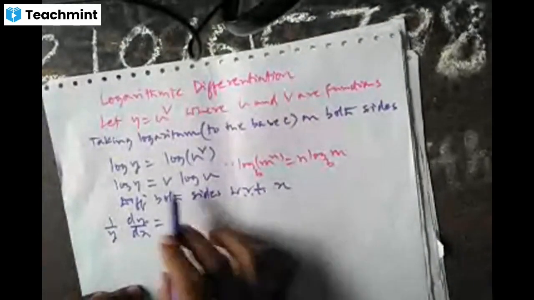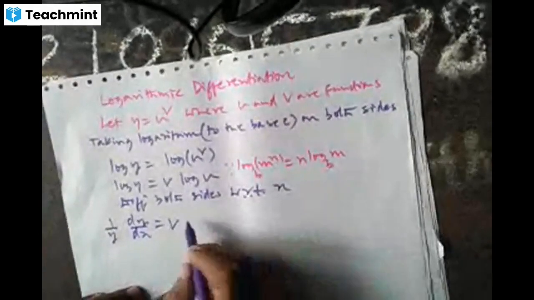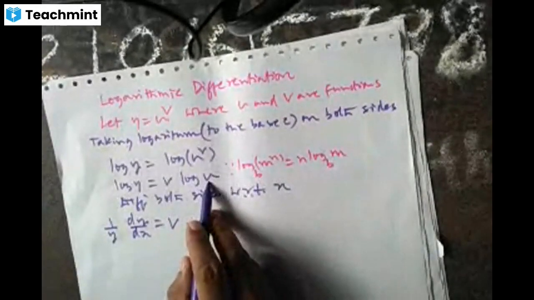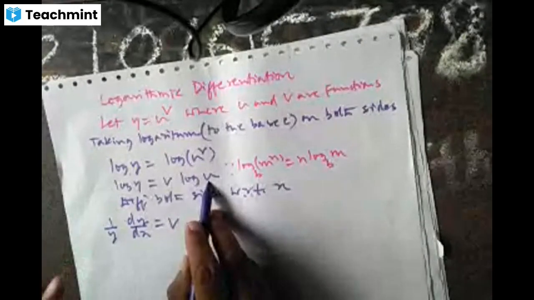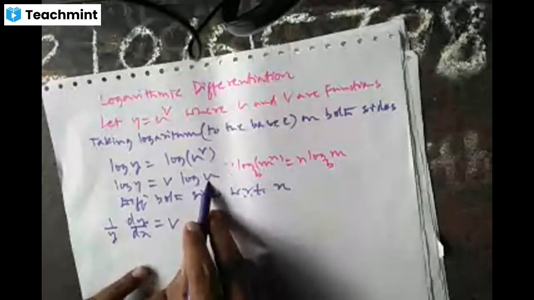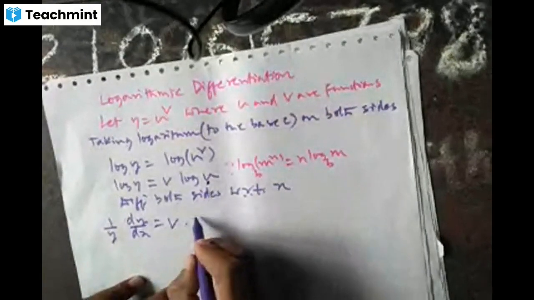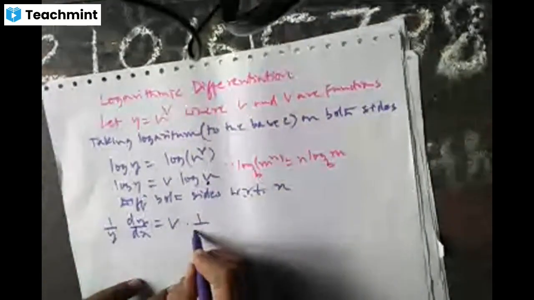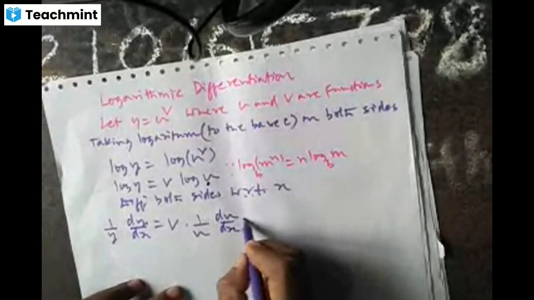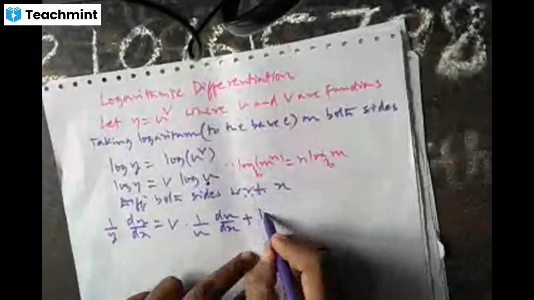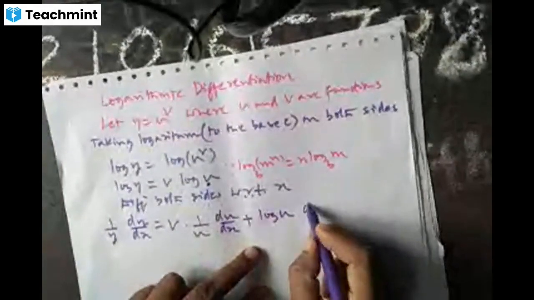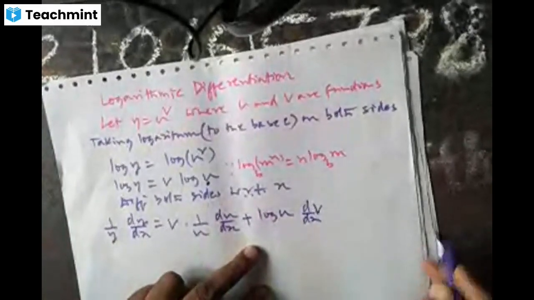First function v into d by dx of the second function, log u, so we have to use chain rule. First we have to differentiate log u with respect to u, then we have to write du by dx, correct? So d by du of log u is 1 by u into du by dx. I have used chain rule, plus second function log u into the derivative of first, that is d by dx of v or dv by dx, correct?